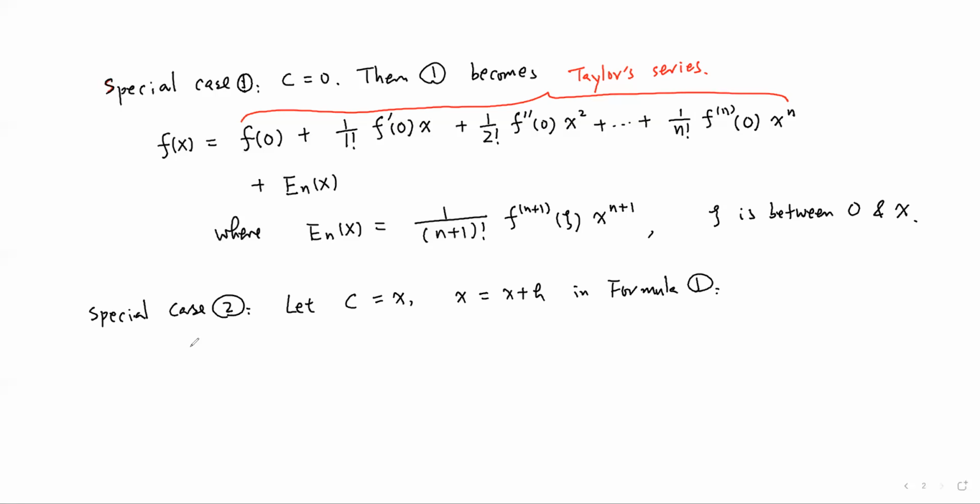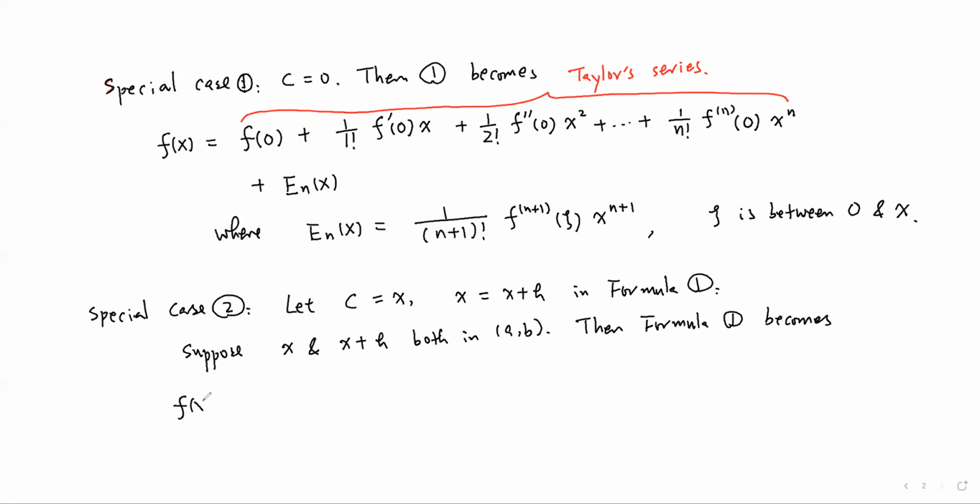Of course, suppose x and x plus h are both in the interval AB. Then formula 1 becomes this, okay?